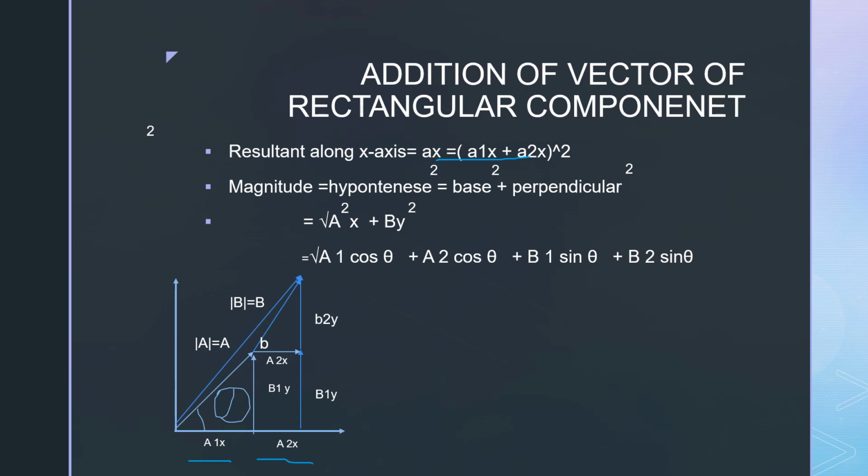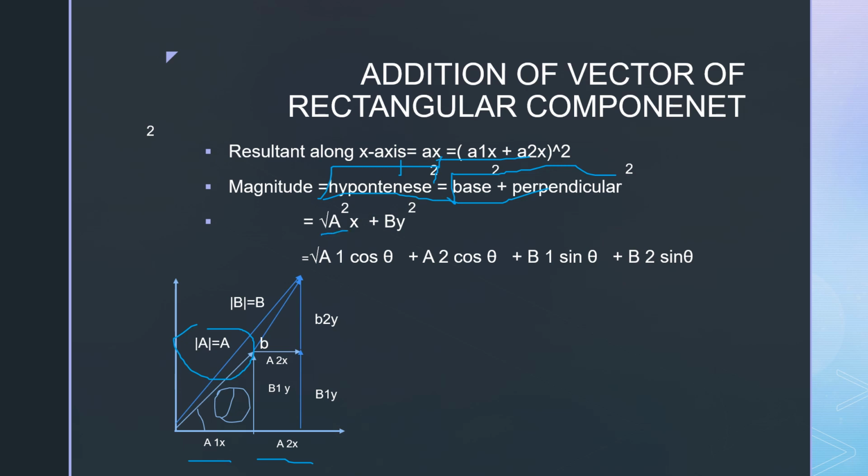Now we know that the formula to find the magnitude is the hypotenuse squared equals the base squared plus the perpendicular squared. So for removing the square, we're going to take the square root of both sides. This square will cancel the square root, while the components will be under the root.